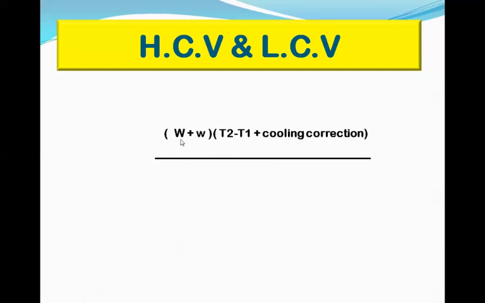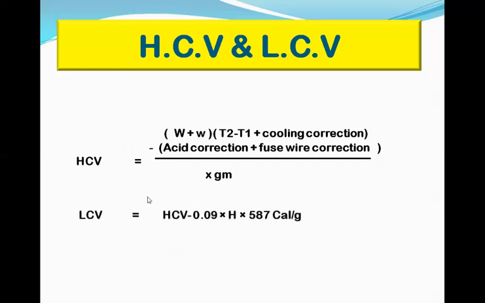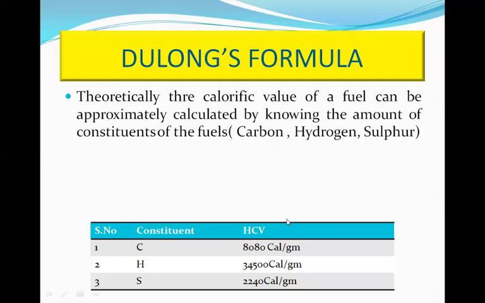So based on this, the HCV and LCV are calculated as: (W plus w) times (T2 minus T1) plus cooling correction minus acid correction plus fuse wire correction, divided by the weight of the fuel that is actually burned. So this gives the correct value of the HCV, and the LCV can be calculated by using this correct value of HCV as LCV is equal to HCV minus 0.09 into H into 587 calories per gram.